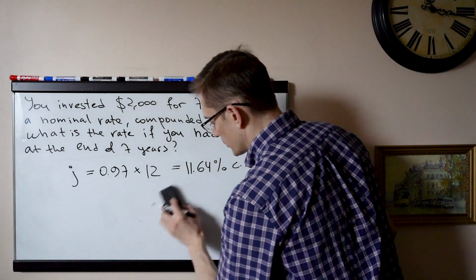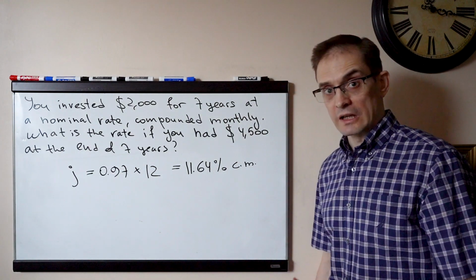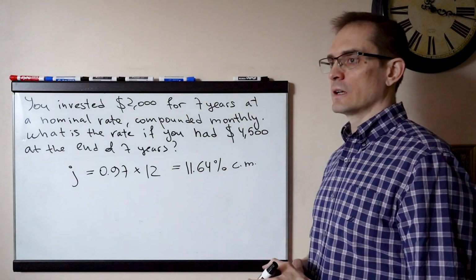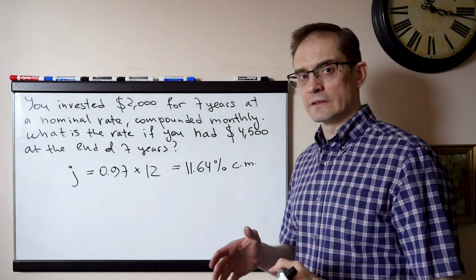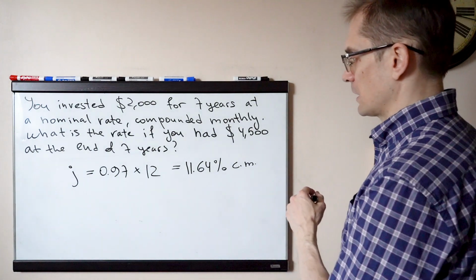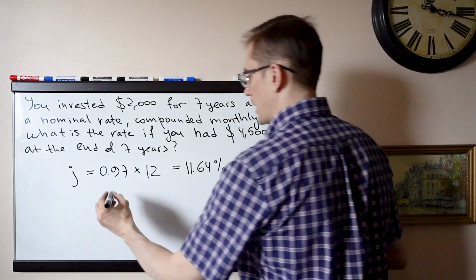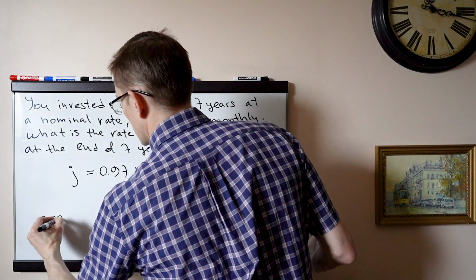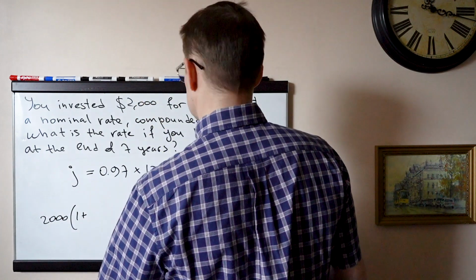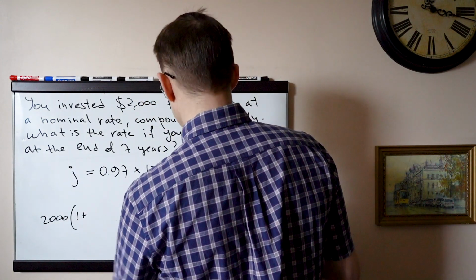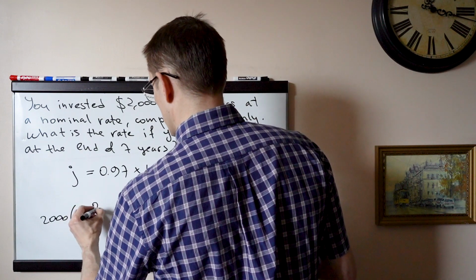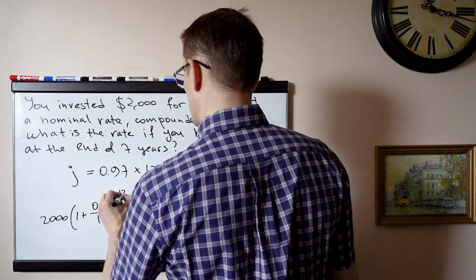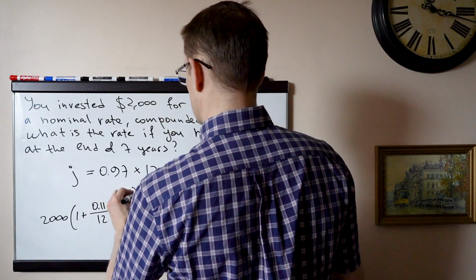Okay, before we proceed, let's check it, because we always need to check it. We also did some rounding. We need to make sure that the effect of that rounding is not that drastic. Let's see. We will need to invest $2,000 at 11.64% compounded monthly, so 0.1164 divided by 12, 12 times 7.